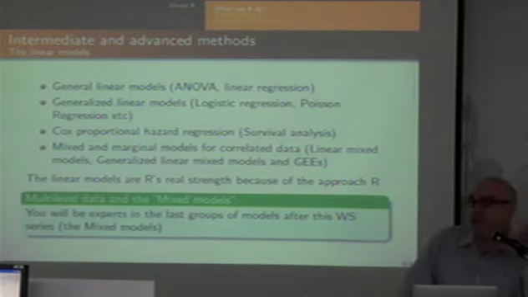The Cox proportional hazards regression and other survival analysis models, mixed and marginal models for correlated data. That's what we're doing today. So that's going to be linear mixed models, generalized linear mixed models, and generalized estimating equations. They're exactly what we're focusing on today.